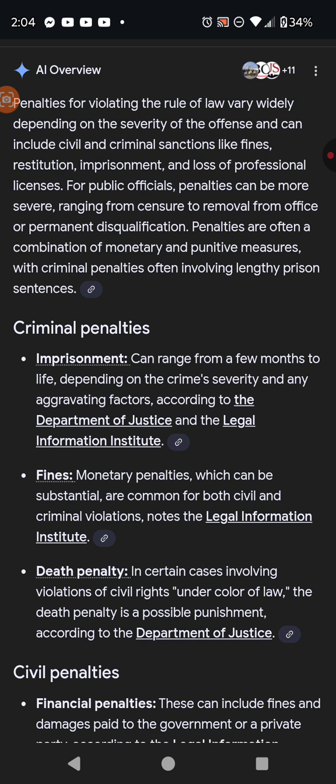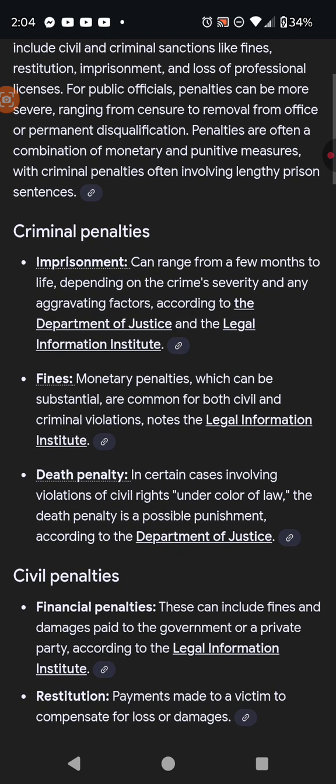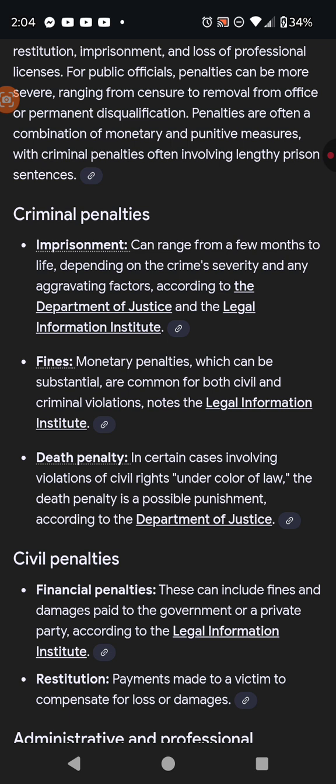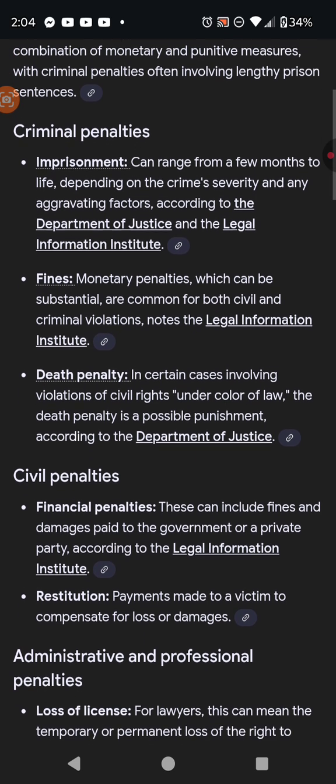Penalties are often a combination of monetary and punitive measures, with criminal penalties often involving lengthy prison sentences. Criminal penalties for imprisonment can range from a few months to life, depending on the crime's severity and aggravating factors, according to the Department of Justice and the Legal Information Institute.